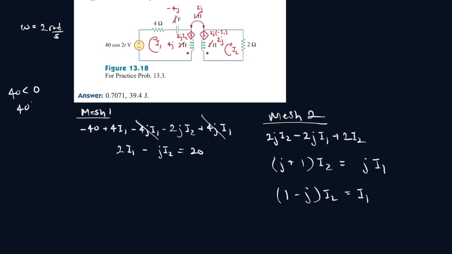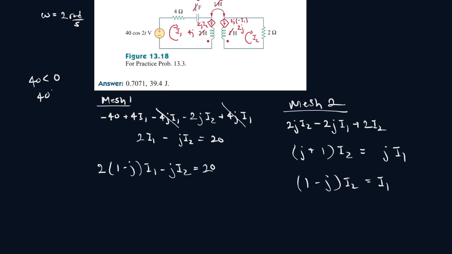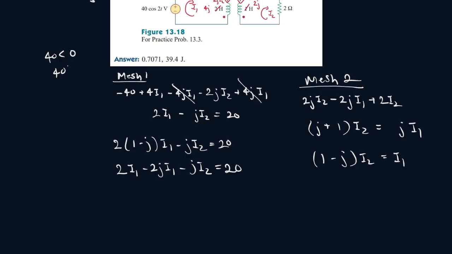So now we have 1 minus j I1 minus j I2 equals 20. And let's distribute everything. So 2 minus 2 I1 minus 2J I1 minus J I2 equals 20.